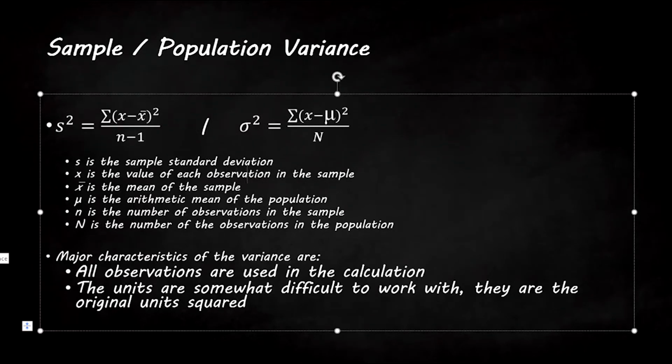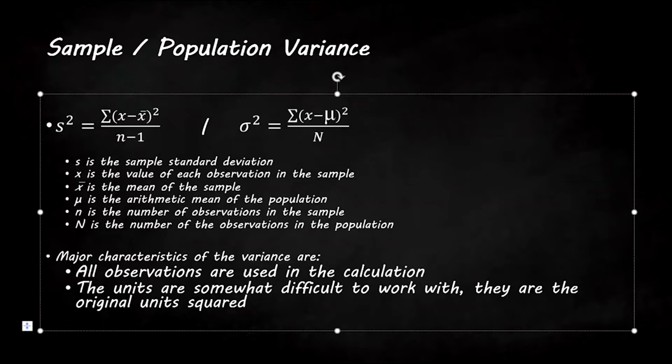So variance is good, but the reason why we don't use it is because it's not in real world metrics. It's in squared metrics. You're taking the average distance from the mean and squaring it. It's like walking around and saying, I'm 12 times 6 plus 2, so I'm 74 inches tall.